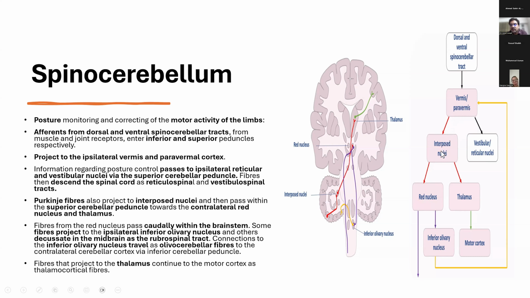From there, they go to the interposed nuclei. And what are the interposed nuclei? They are the globose and emboliform nuclei, in between the fastigial and the dentate nucleus. They also give fibers to the vestibular and the reticular nuclei. Interposed nuclei either go to the red nucleus or the thalamus. From the thalamus, they go to the motor cortex. And from the red nucleus, they can go to the inferior olivary nucleus and again to the vermis.